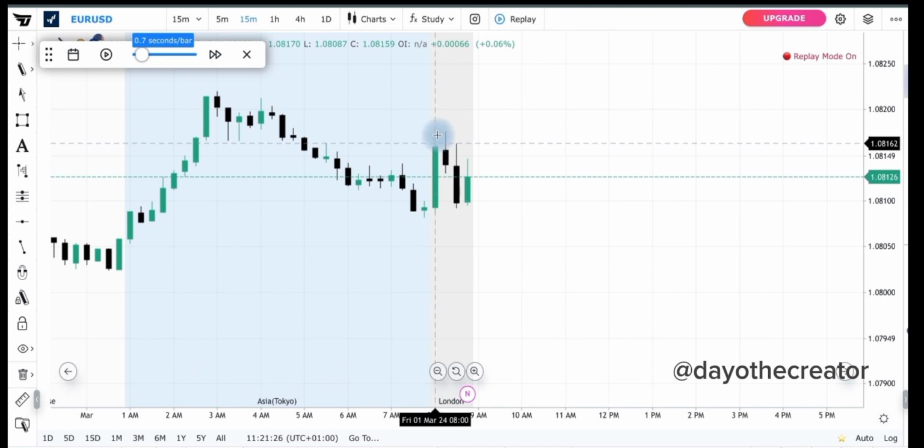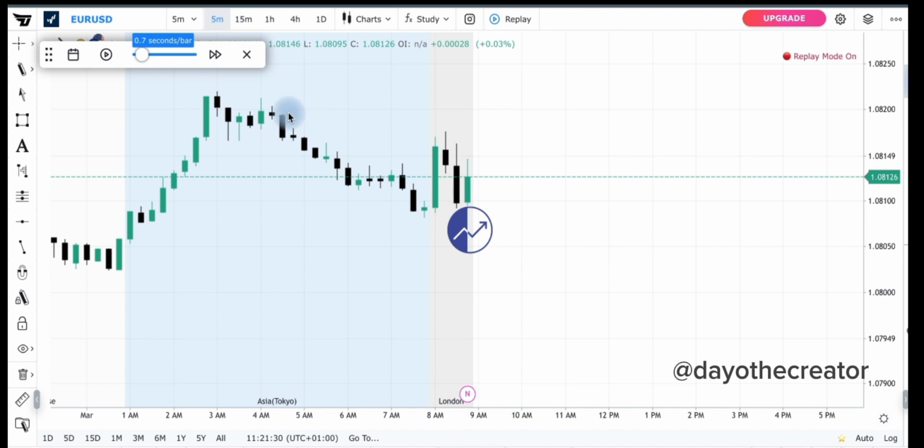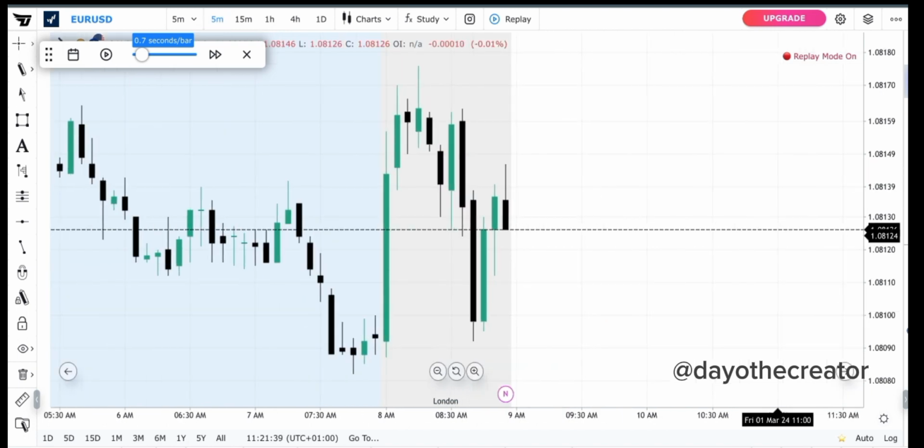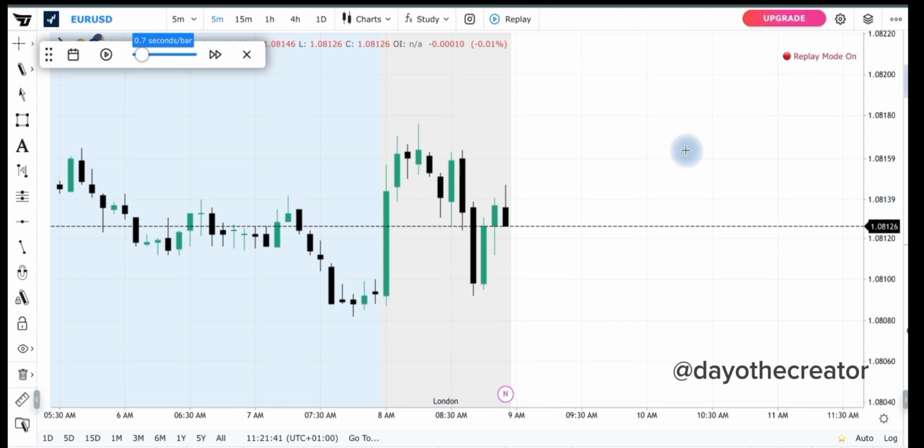As you can see, 8 o'clock, and let's dial down to 5 minutes so that it will be easier for us to see. So after the new day opened as a buy, what happened?